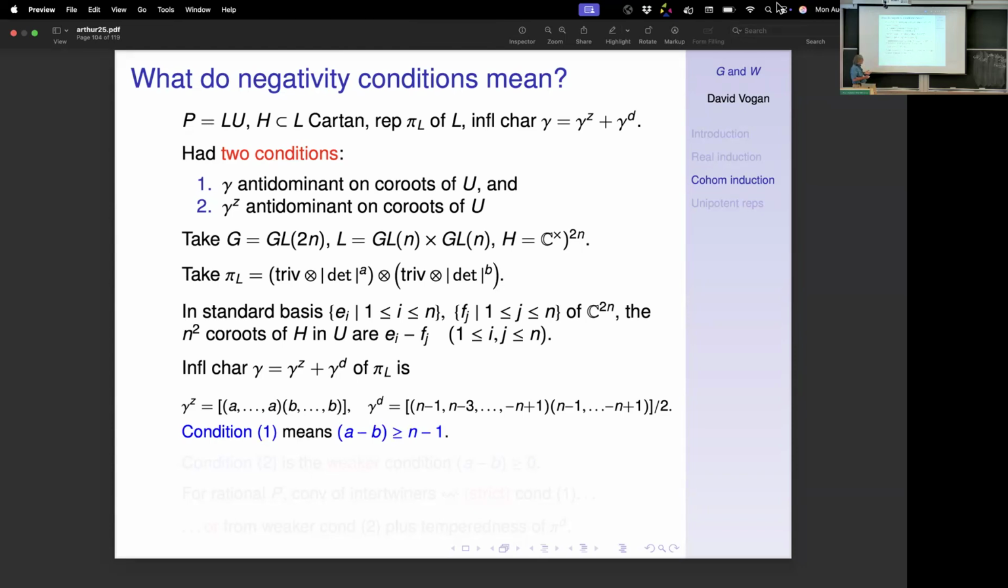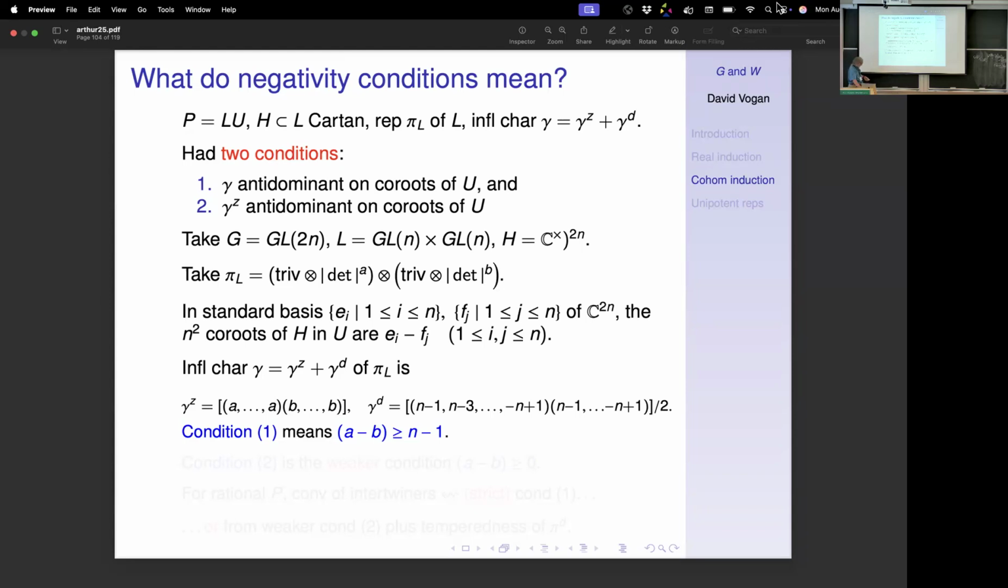And so now you can see immediately, I meant to change this to dominant. Just to make it more familiar, I wanted to change this to dominant instead of anti-dominant. And so if you ask for dominance on the co-roots of U, it means that A minus B has to be at least n minus 1.